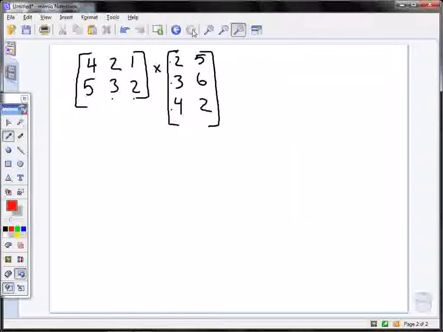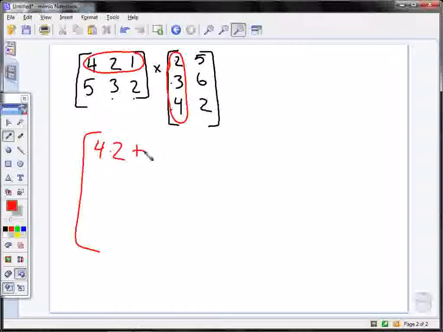What I know is I'm going to multiply the first row by the first column. And I'm going to multiply the corresponding components. First, I'm going to multiply the first element, which is 4, times the first one over here, which is 2.